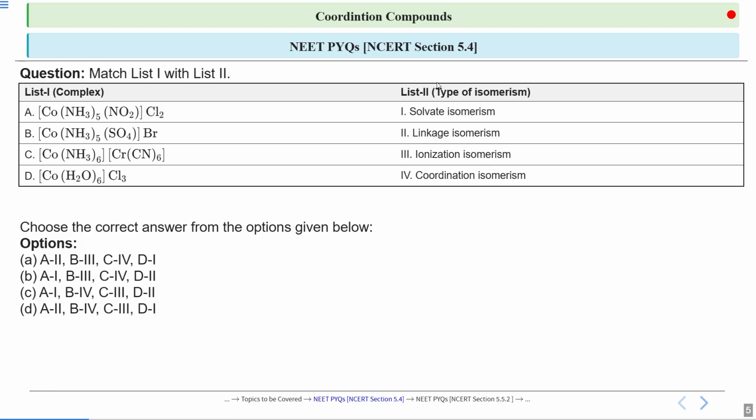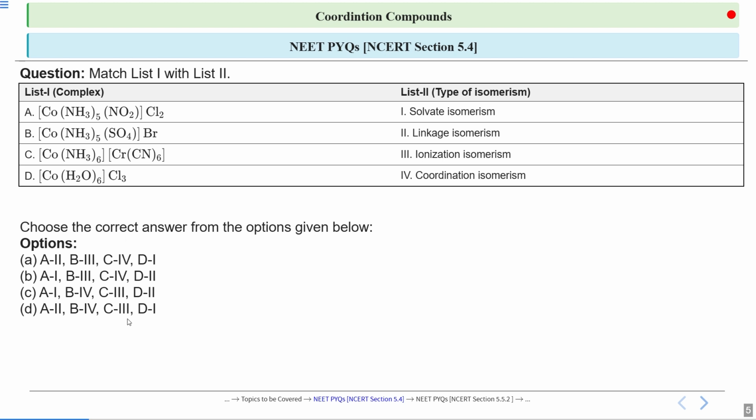On the other hand, in list 2, we have the types of isomerism. The first is solvate isomerism, second linkage isomerism, third ionization isomerism, and fourth coordination isomerism. Choose the correct answer from the options given below.